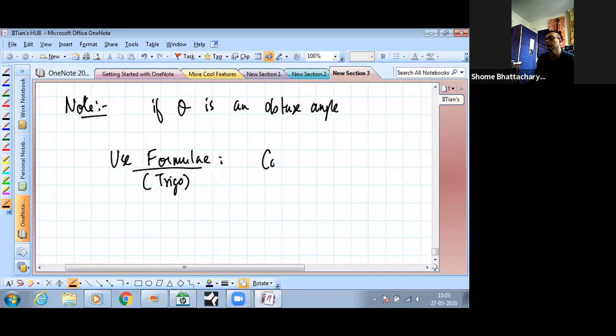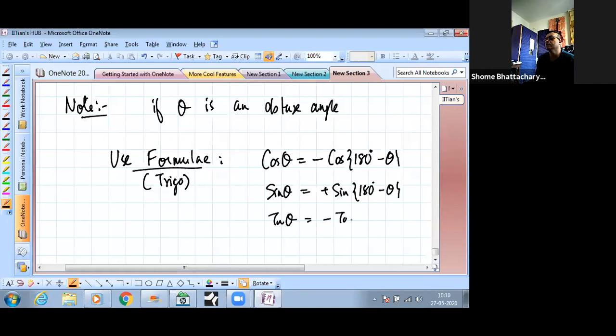Cos theta is minus of cos (180 degrees minus theta), sin theta is positive of sin (180 minus theta), and tan theta is again negative of tan (180 minus theta). These are the formulae we use when theta is obtuse, so it is greater than 90 degrees but less than or equal to 180 degrees.